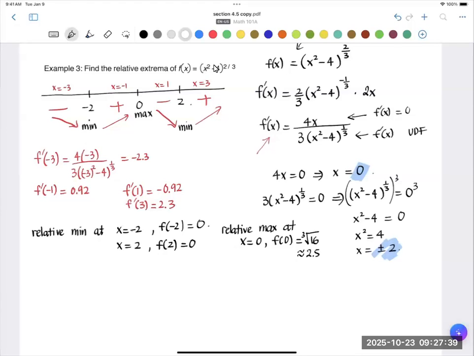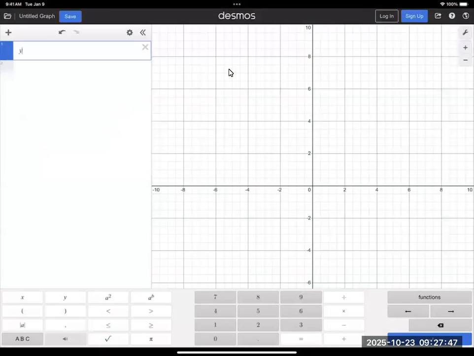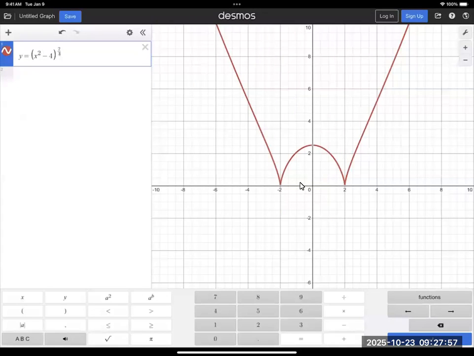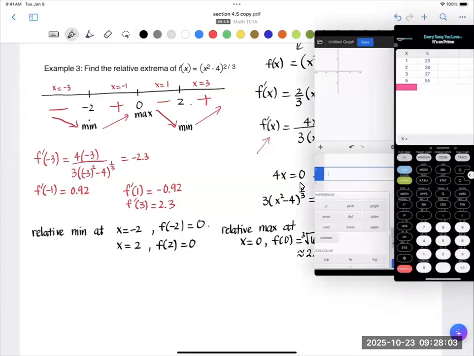And now let's take a look at the graph of y equals x squared minus 4 to the power 2/3 in decimal, and you can have an idea of it. You can see, based on what we learned, what we have in the problem.